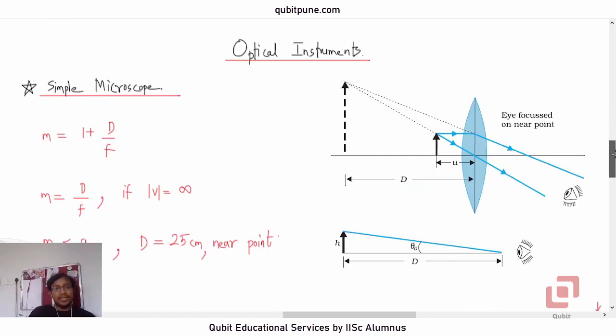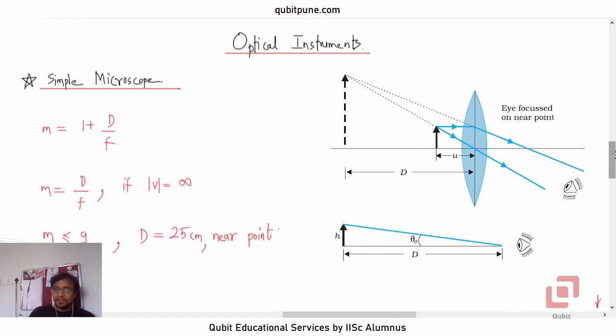Alright, now let us quickly discuss optical instruments. The first optical instrument is called the simple microscope. Its working is very simple. You can adjust the position of the lens, and you might actually have used it. If you have a lens at home and you are reading a newspaper, you can clearly see how the letters look magnified if you move the lens closer to the paper.